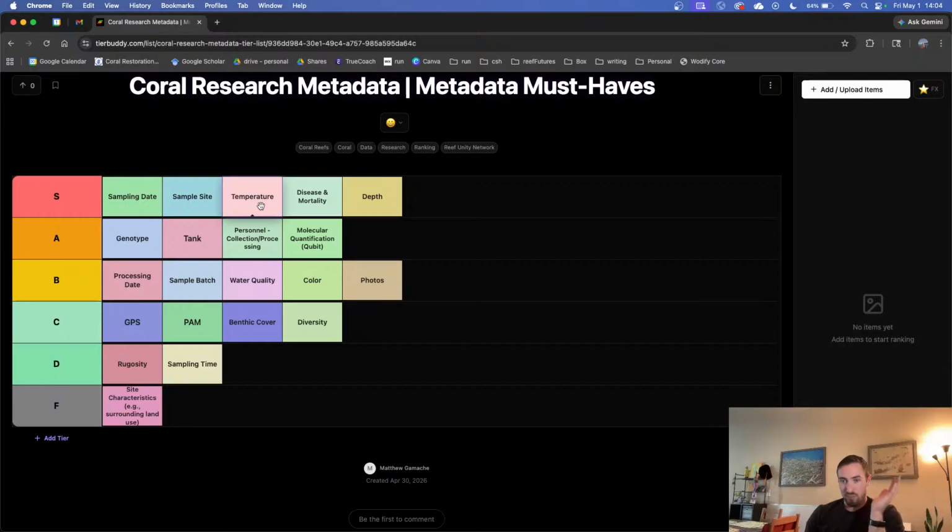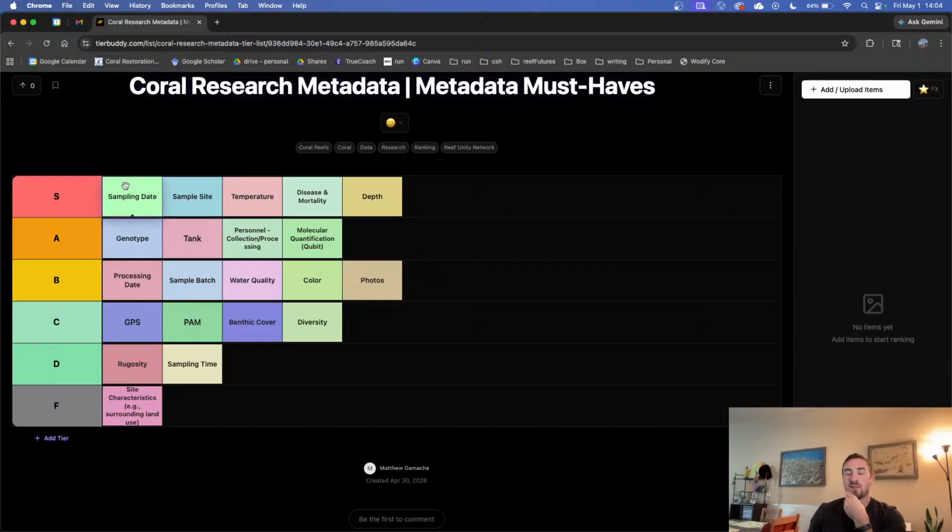Temperature is the central part of our research, so you should be collecting it, and it's super easy. Depth is super easy. Disease and mortality are super easy. You'll probably take photos of those, but sample site, that's really how you're going to name your data sheet. And there's so many variables with it, so that has to stay.